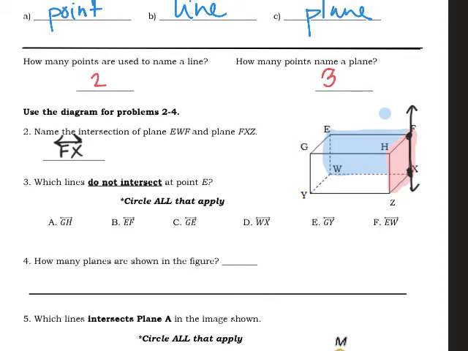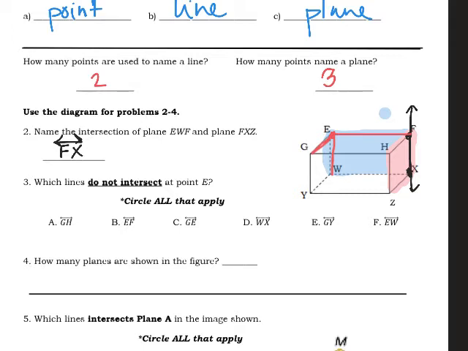All right. Which lines do not intersect at point E? Guys, I'm going to make this easy. If a line has to intersect point E, and here's point E, if I come out to all the points that do connect with it, it's always going to be E with that letter. See that, E with G, E with W, and E with F. So if I want to circle all the ones that don't intersect it, which ones am I going to focus on?